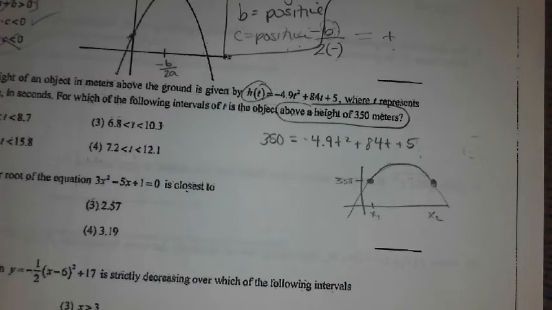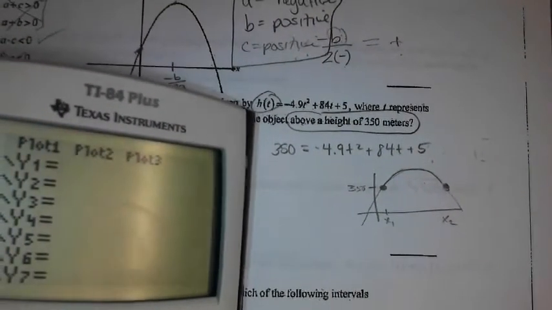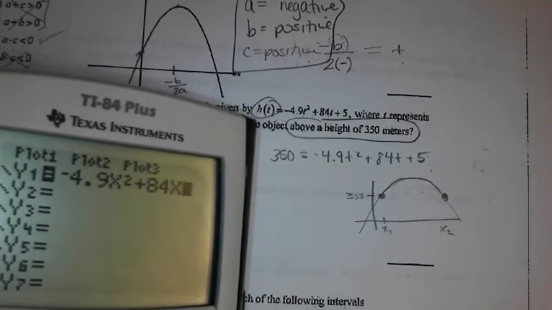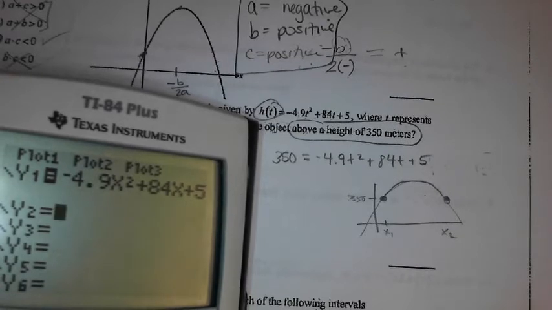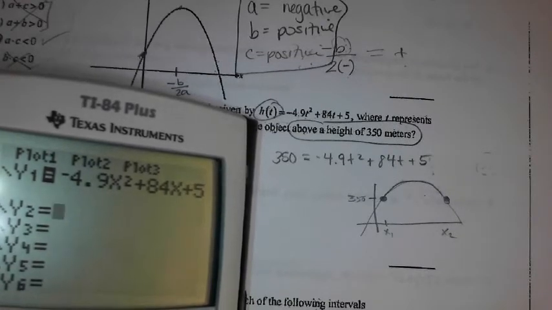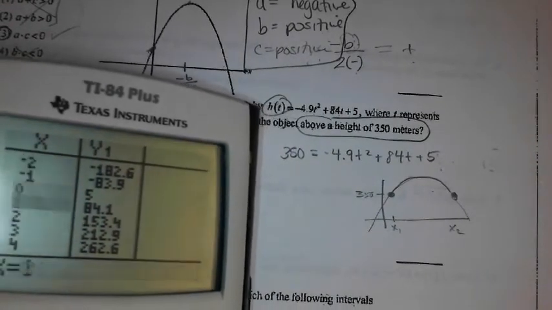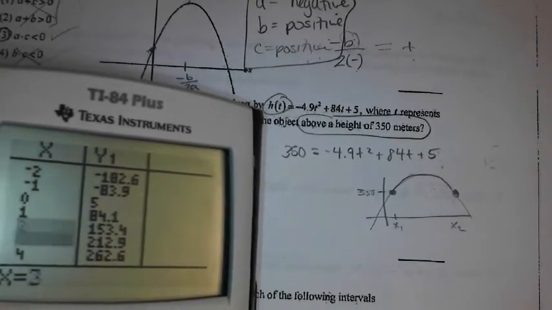How could you do this on your calculator? Lucas? Plug what in? Okay, so if I go into my table right now, I'm looking at some crazy numbers. So he's saying just look for where the y is above 350.